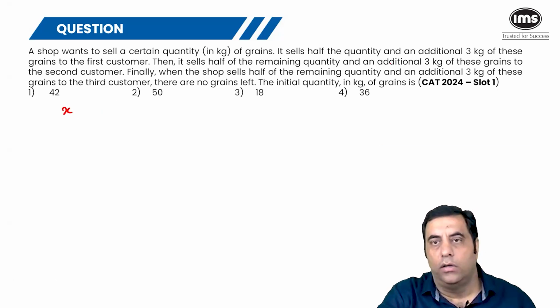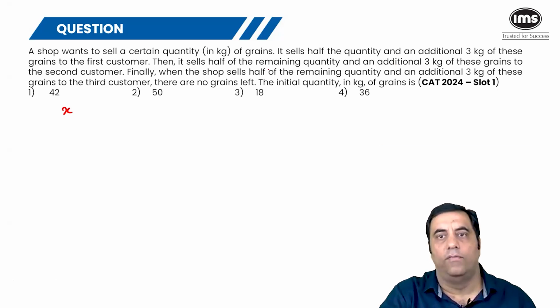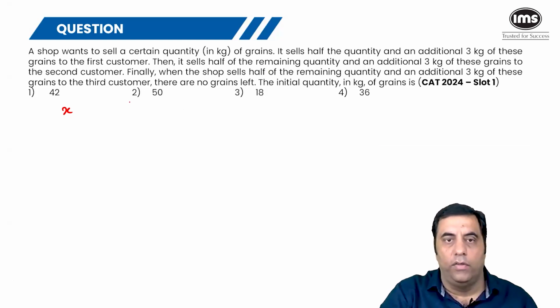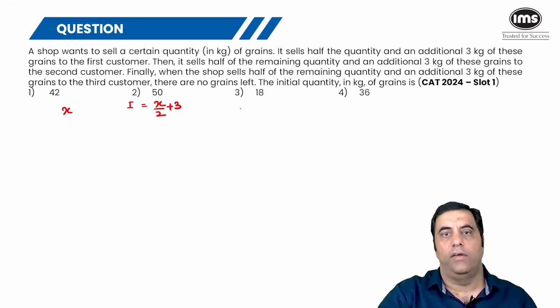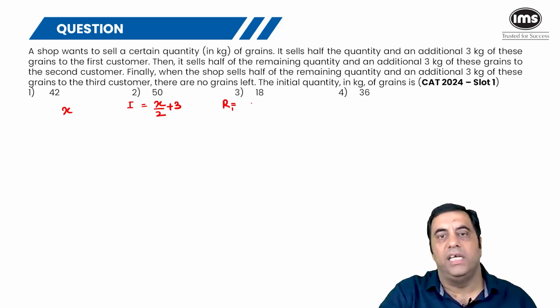Now, to the first customer, it sells half of that and an additional 3 kg. So the quantity given to the first customer is half of this plus 3. Therefore, the remaining after the first customer is x minus (x by 2 plus 3), which is x by 2 minus 3.